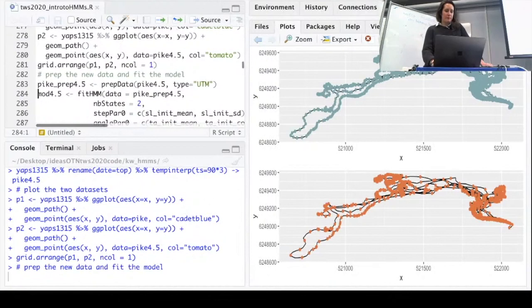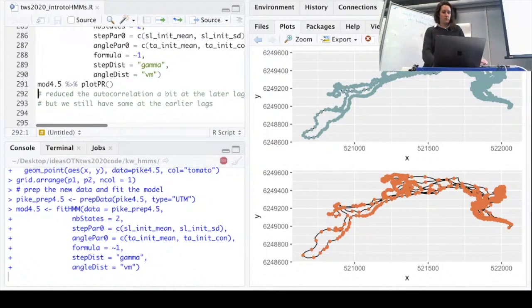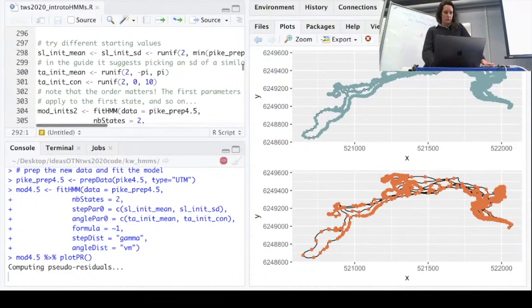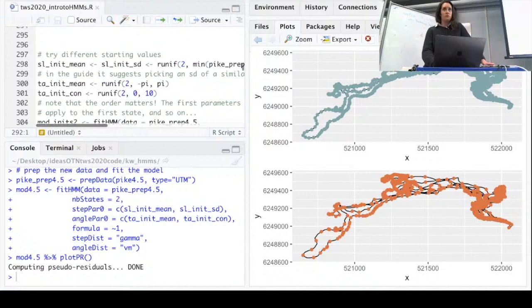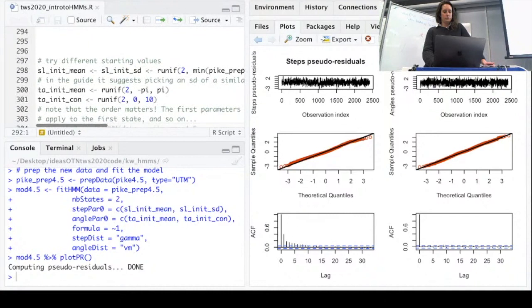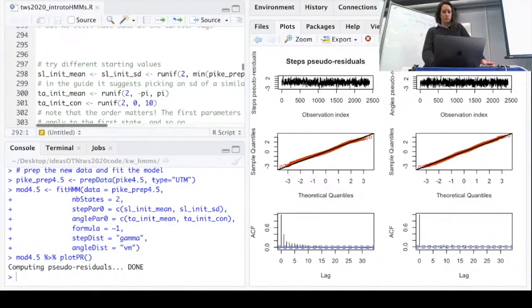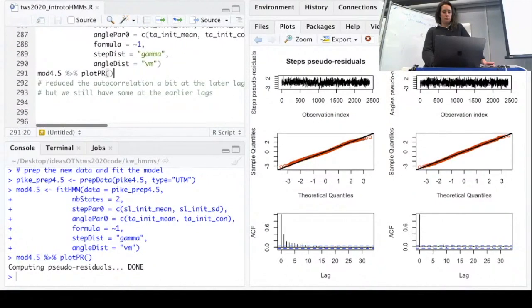So blast through this: prep it, fit it, plot it. Still waiting for it to plot.